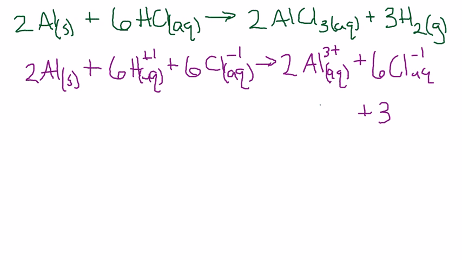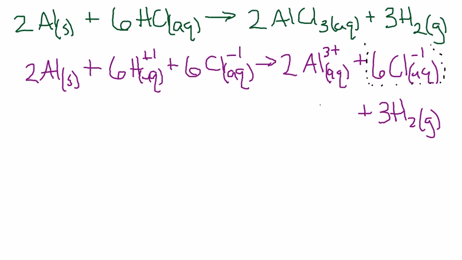If we trim the fat off here, there's really not a whole lot of fat that we can trim. Our aluminums we can't really trim because we go from a solid to an ion. Our chlorines, however, we have on both sides, so those can disappear.